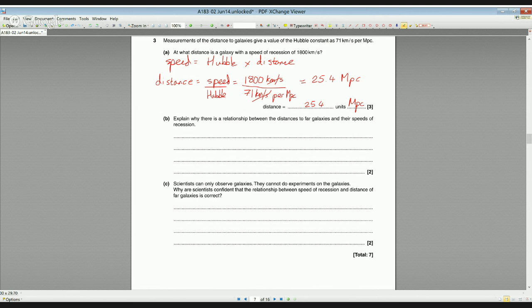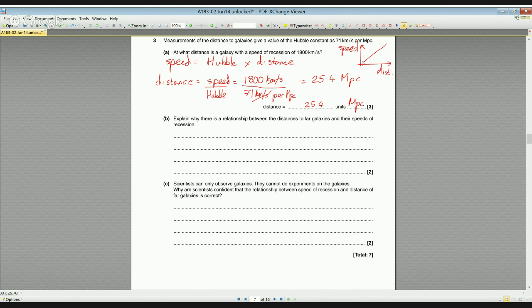Lena's asked for a quick explanation of what the Hubble constant is. If you were to plot a graph of speed of recession, so that is how fast the galaxies are moving away from each other, against the distance to each galaxy, what you'll find is that there's a straight line.